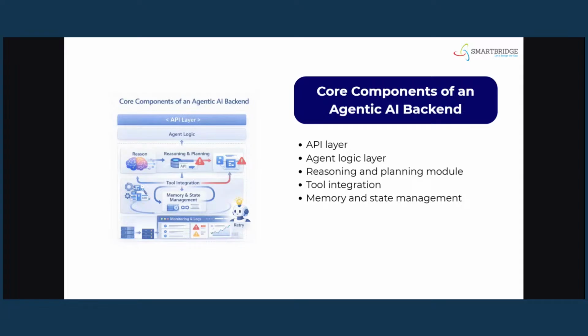I hope my query is clear, right? What are the main components we have in an agentic AI backend? How many components are there?